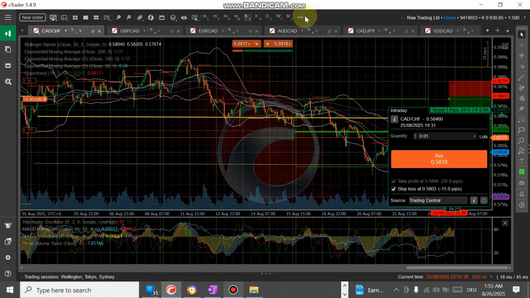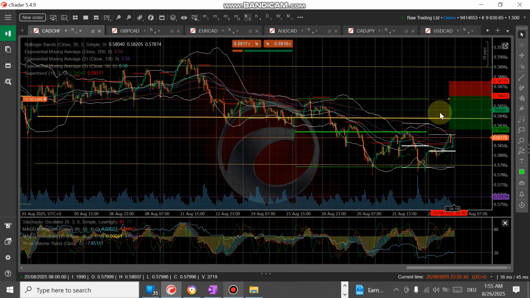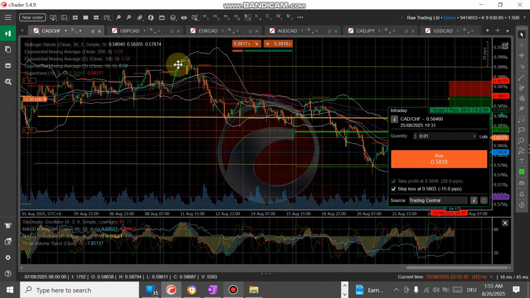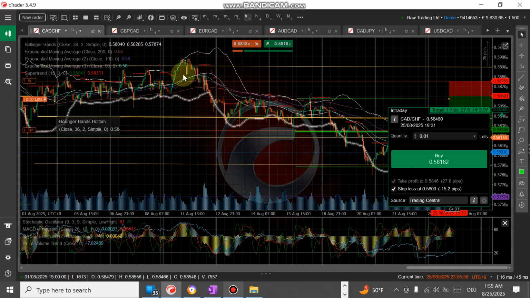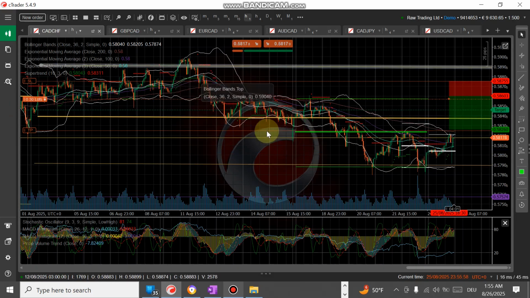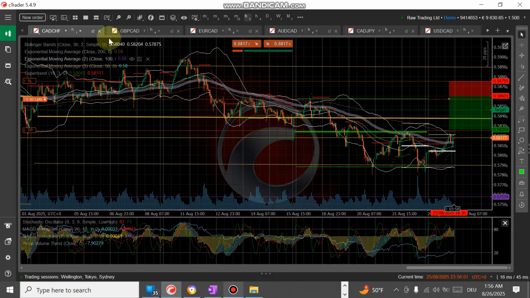So that's why I put it there, and it's still far away, but let's see if we come back to this area where I like the price. It's good enough price, a lot of discount, and I don't need to wait for them to test each other. I hope they just go down. Let's see. That's CAD Swiss franc.